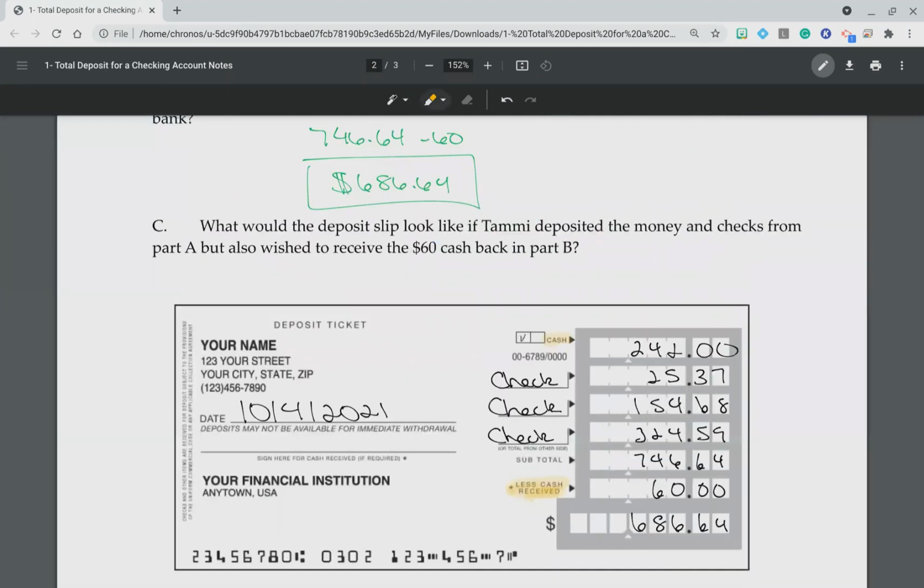Notice right here it says sign here if cash is received. Okay, so since we are keeping some cash, go ahead and put your signature right here in this spot. And then you bring this slip along with all of your money up to the teller. And your deposit will be done.